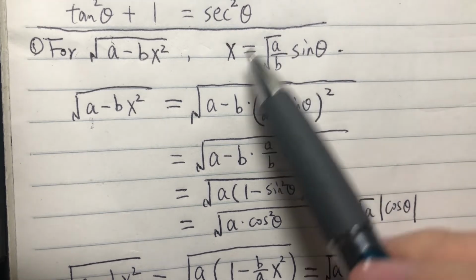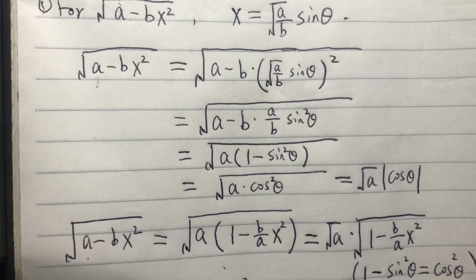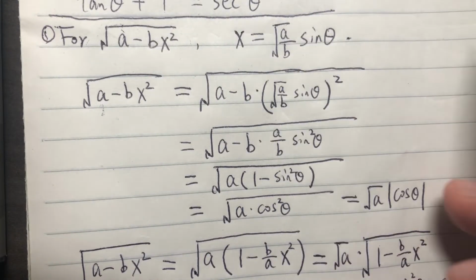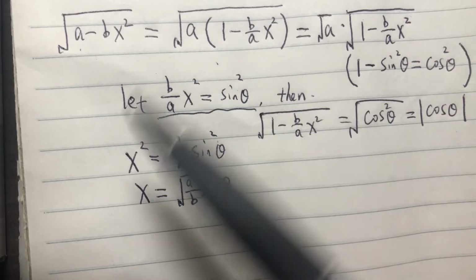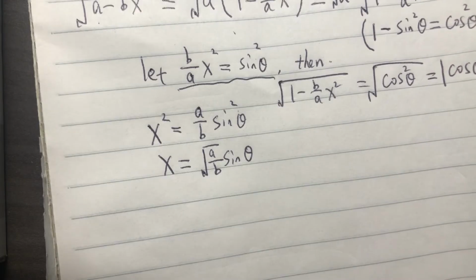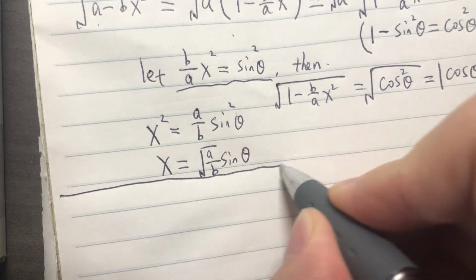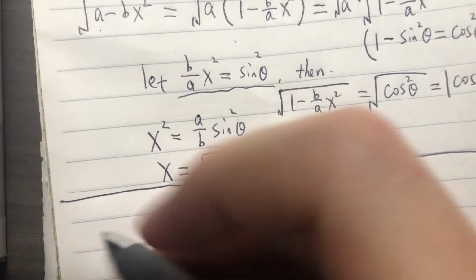Actually you don't have to remember this, because it's easy to derive this trig substitution by using such a trick, by making the constant term equal 1, so you know which identity you are going to use. But okay, I'll write the conclusion for now.